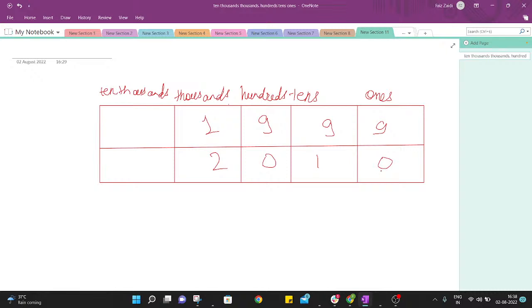How many thousands are in 2010 and how many thousands are in 1999? Anyone can tell that 2010 has more thousands because it has 2000, but in 1999 we only have 1000. So of course the greater number here is 2010.